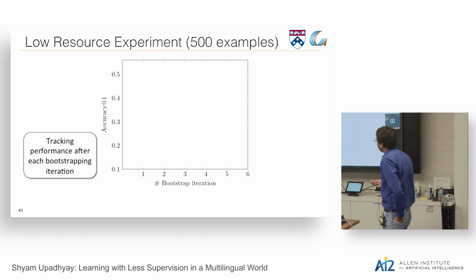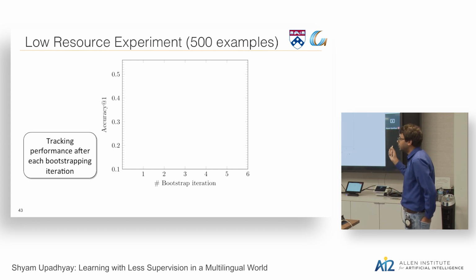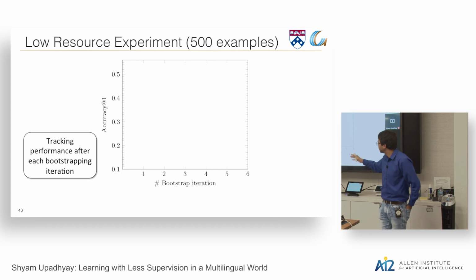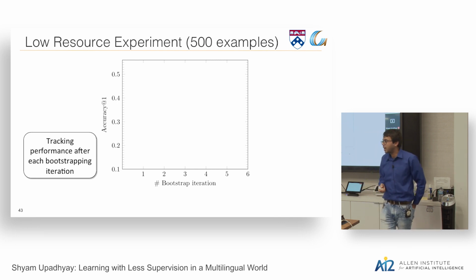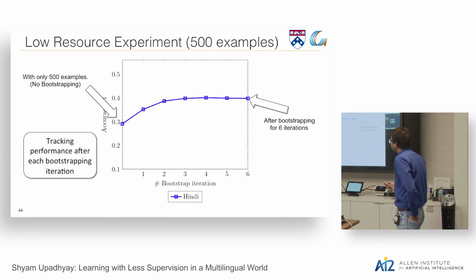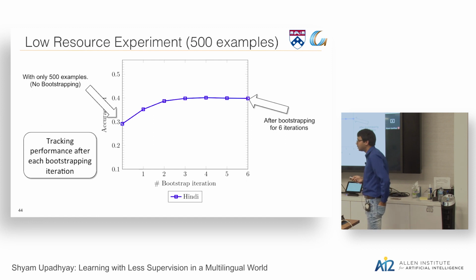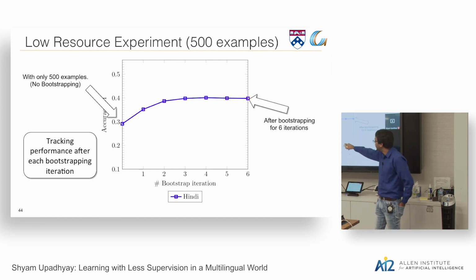The more interesting experiment here, again, is the low resource experiment. Here we are going to provide 500 examples as initial supervision to each model and track the performance after each bootstrapping iteration, again, in terms of accuracy at 1. So for instance, this is the performance when you bootstrap a model for Hindi. With 500 examples, you have a performance of around 30% accuracy at 1.